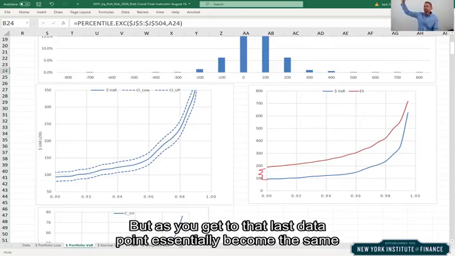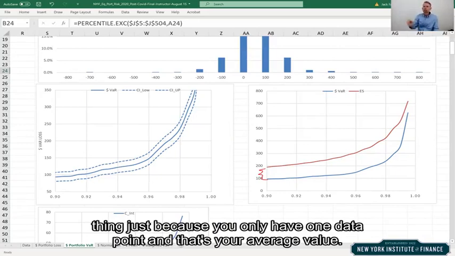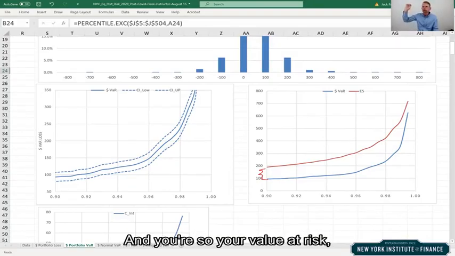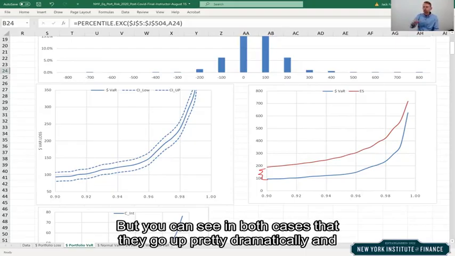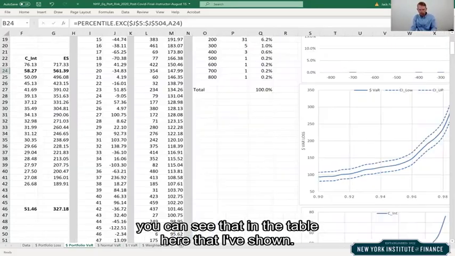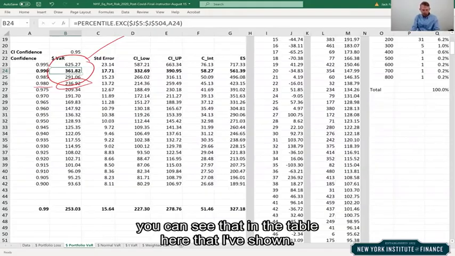But as you get to that last data point, essentially they become the same thing just because you only have one data point and that's your average value, and your value at risk is closer to your expected shortfall in this case. Okay, but you can see in both cases that they go up pretty dramatically. And you can see that in the table here that I've shown.